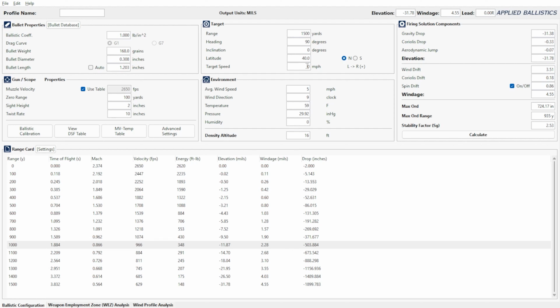A lot of guys are going to leave that at naught, and then they're going to have their own dedicated moving target data that they're going to input on top of this stuff. So they might have some very basic stuff for a walking speed, running speed, certain vehicle speeds, and then they're going to input that after the fact. So I'm going to leave that at 0.